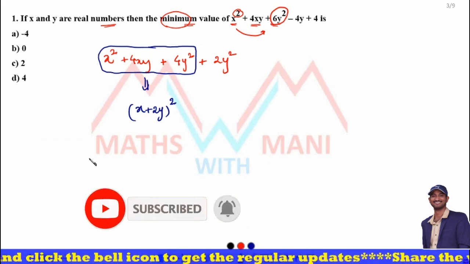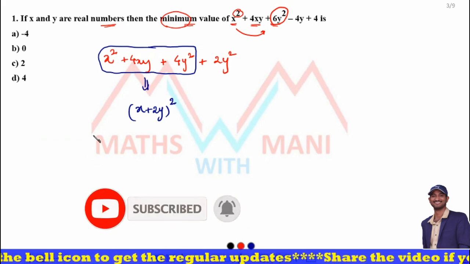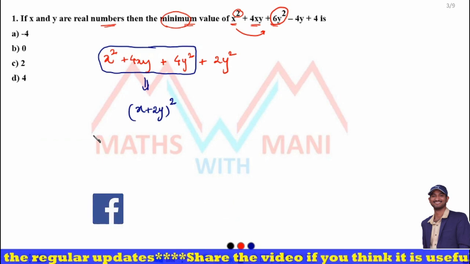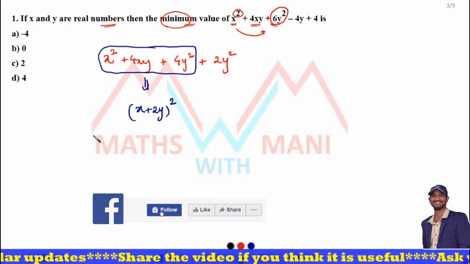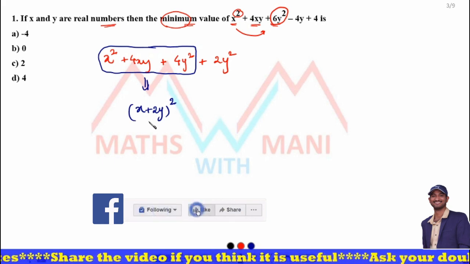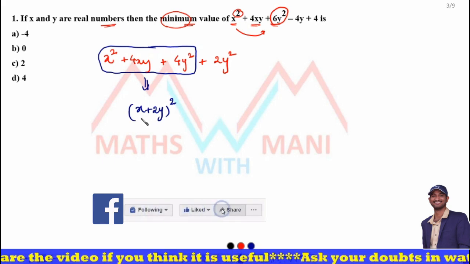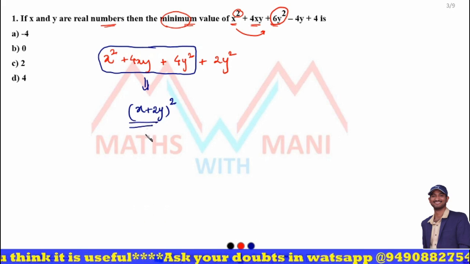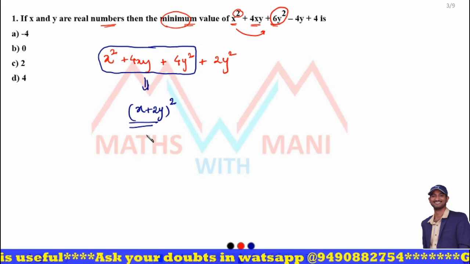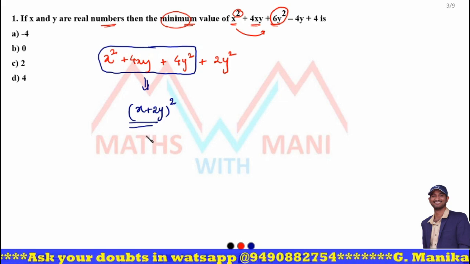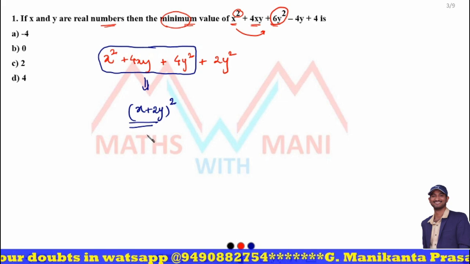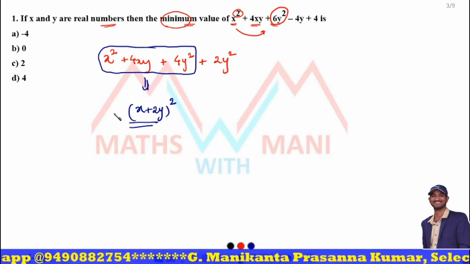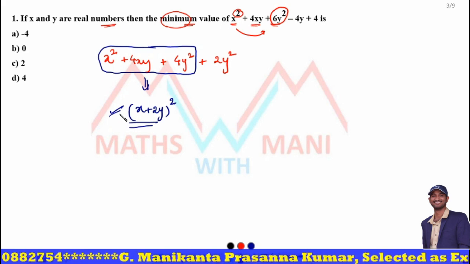Sir, why are you writing it that way? When we have to find the minimum value, if I have a perfect square term, to get the minimum value I can definitely take the value of this square term as 0, because a square term is always non-negative. What is the least value? 0. That's why I'll put 0 in this term to get the minimum value.